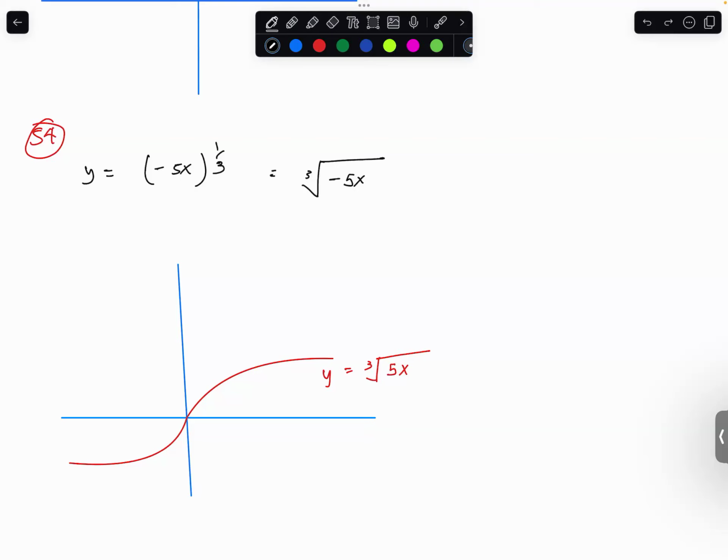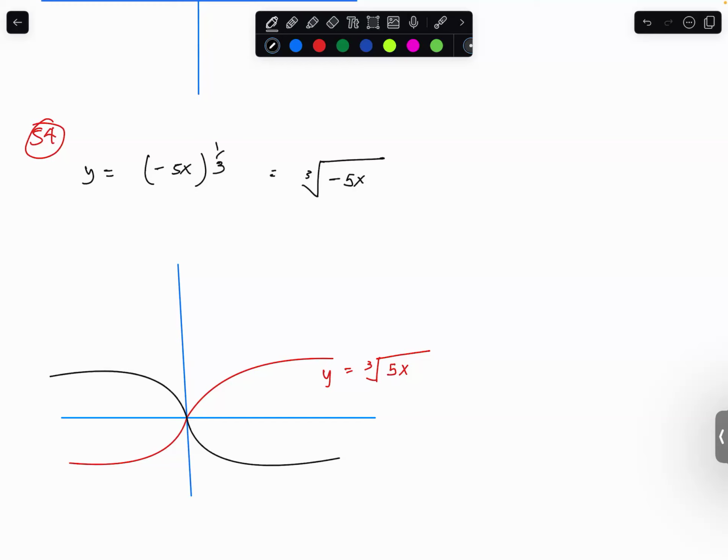Sometimes it's difficult to get it to predict the shape you are trying to draw. Sorry, this is actually a reflection across the x-axis, not the y-axis, but because of the symmetry you can also see it as a reflection across the y-axis.